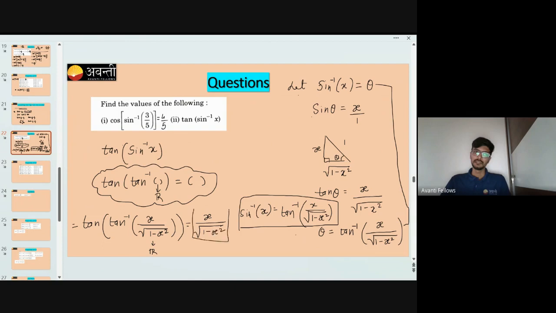This is my answer. Again, I need to point out, if we know Pythagoras, like Pythagorean triplets, and are very familiar, we can skip all this and directly write this box. So tan of sine inverse of x is basically equal to x upon under root of 1 minus x square. Sorry for the writing.